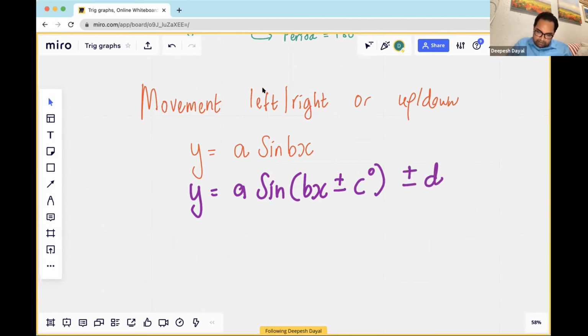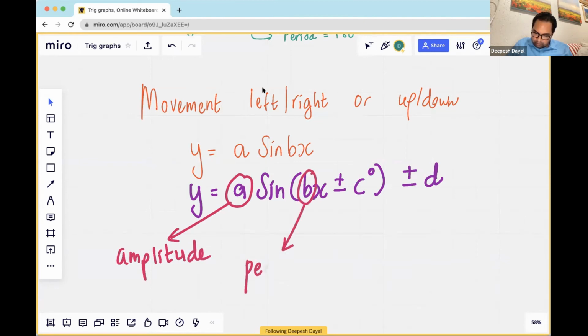So let's label this. So a was our amplitude change. b was our period change. c is the movement left and right.